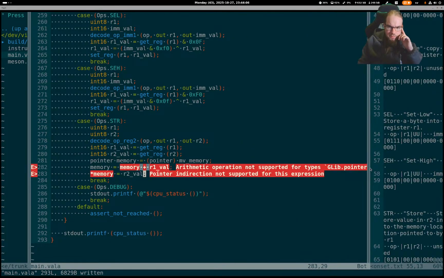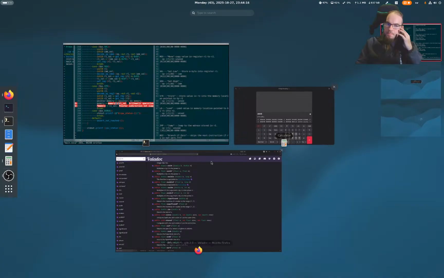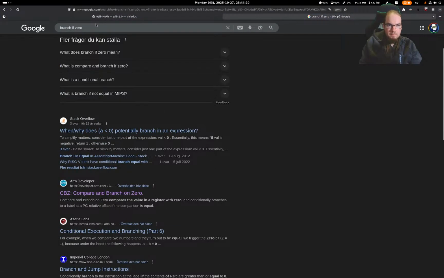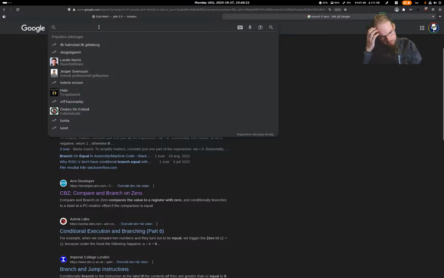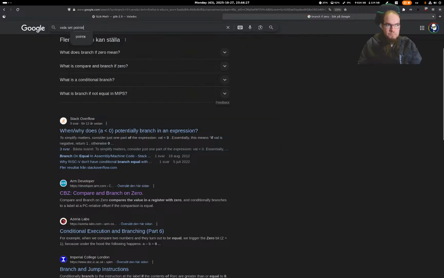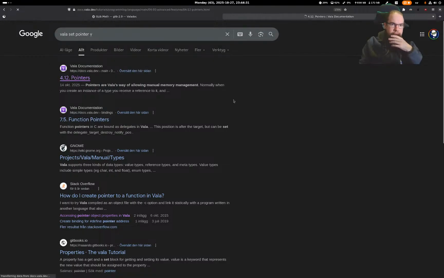Indirection. How do I dereference a pointer? No, that's not dereferencing. Pointers.